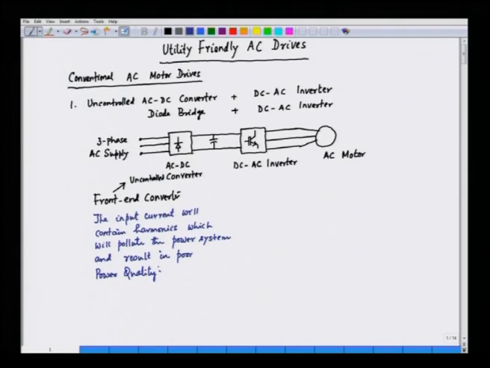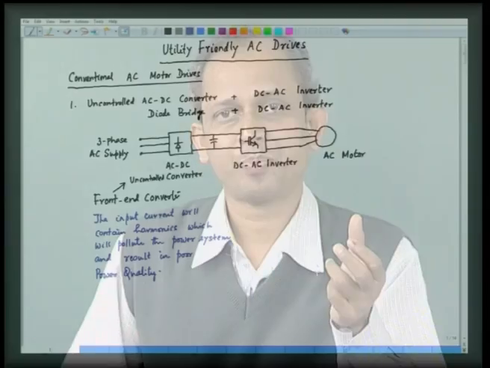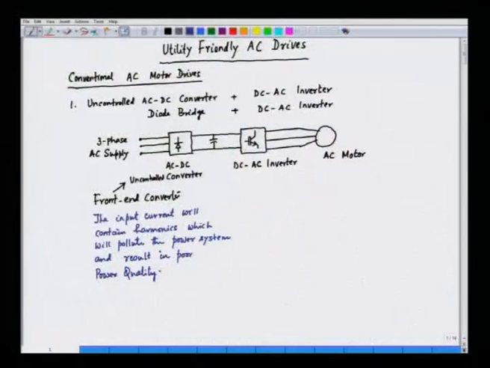So, if we try to see the input current of a typical 6 pulse diode bridge rectifier, we will see that the input current contains harmonics, and the harmonics will be of this nature. We have the input current here. It will have a structure something like this, where the current is like this.